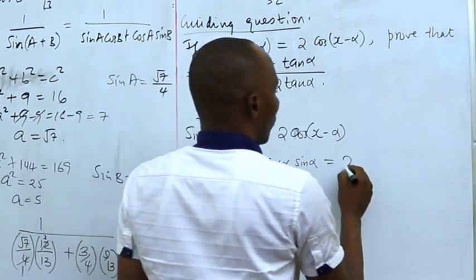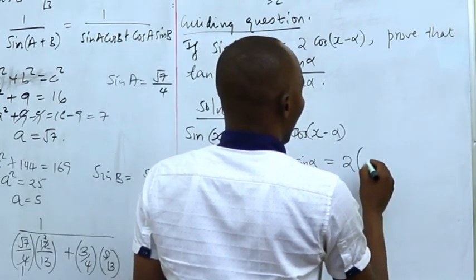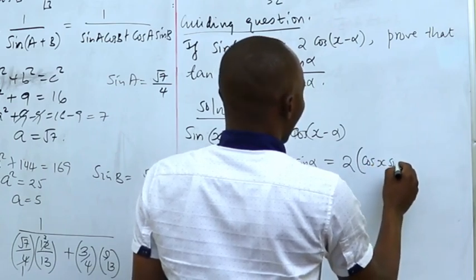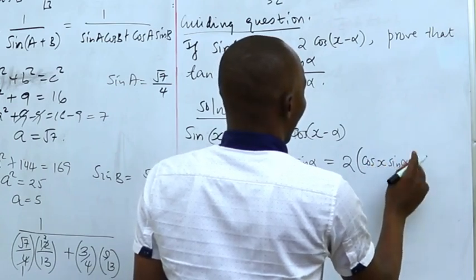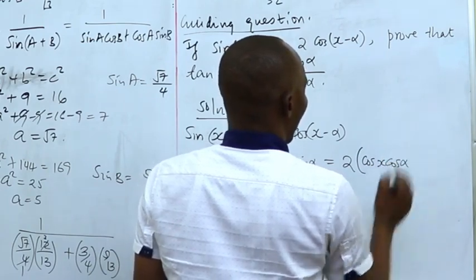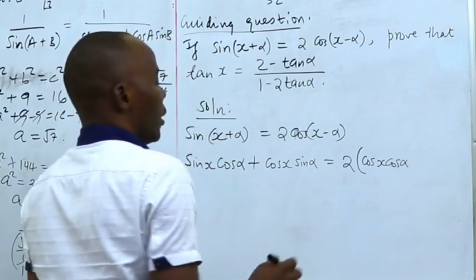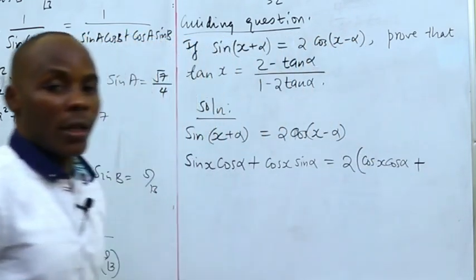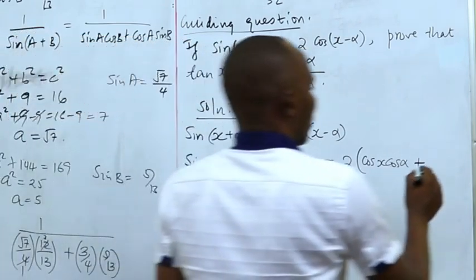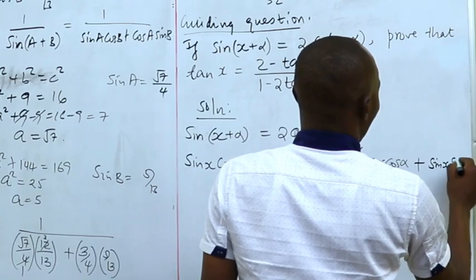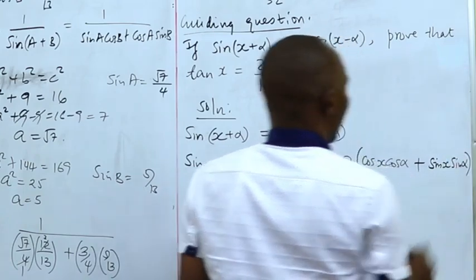This one is equal to 2 into cos x, no, it is cos x cos alpha. It is a cos. Then we are subtracting, so this one is going to be a plus, plus sine x sine alpha.